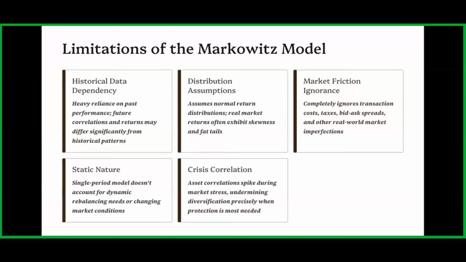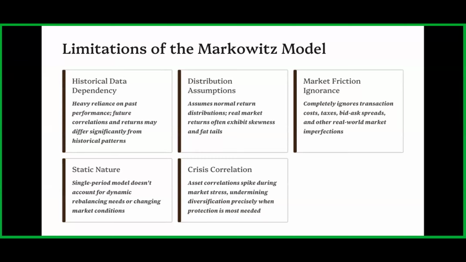Some other factors which are important from the investment point of view, like the bid, what is the minimum expectation of the seller, what is the minimum price expectation of a buyer, and what is the maximum price expectation of the seller. All these factors are ignored in the Markowitz portfolio management theory.